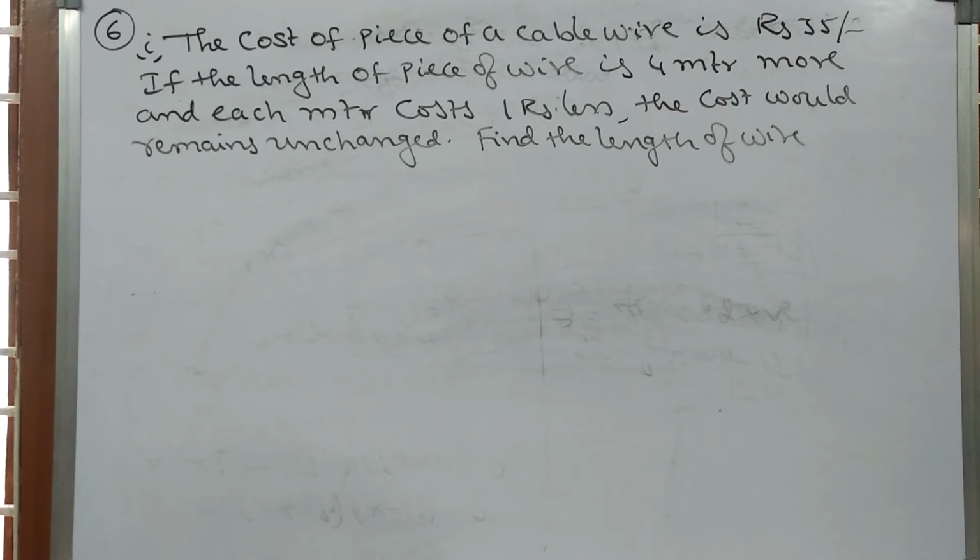Read the problem. The cost of a piece of cable wire is 35 rupees. If the length of the piece of wire is 4 meters more and each meter costs 1 rupee less, the cost would remain unchanged. Find the length of wire. That is the given problem.